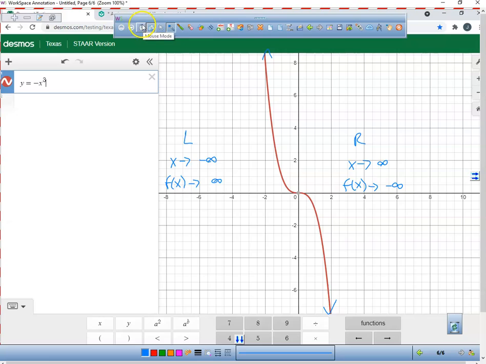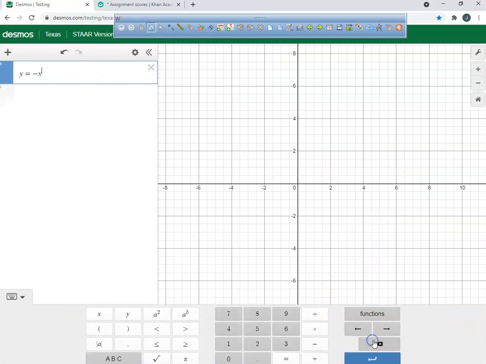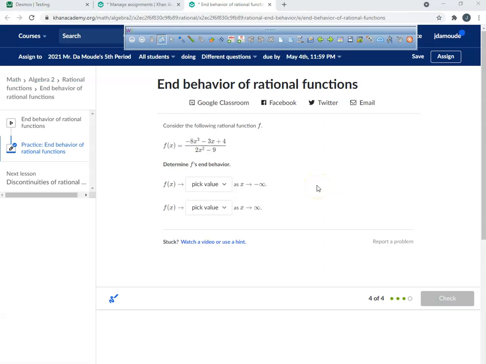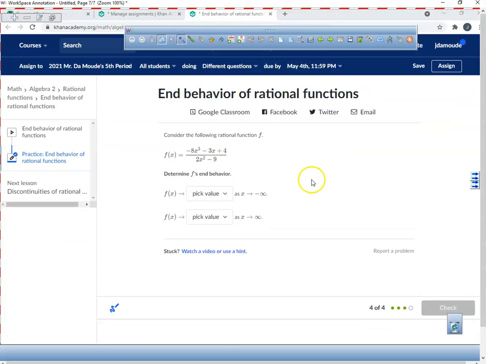So that's called end behavior, everybody. So what we're going to do is look at the Khan Academy, and show you how to look at end behavior in tables as well as in graphs. There are different rules that you need to understand when you're dealing with end behavior of rational functions. I'm going to write this down nice and neat. Maybe you can write it down with me, and then you will have a better understanding of what you are looking for.